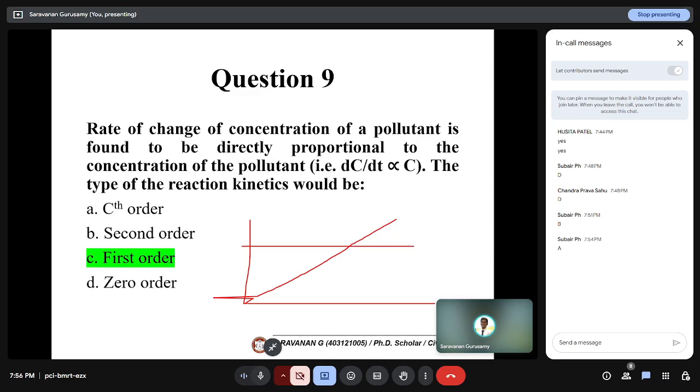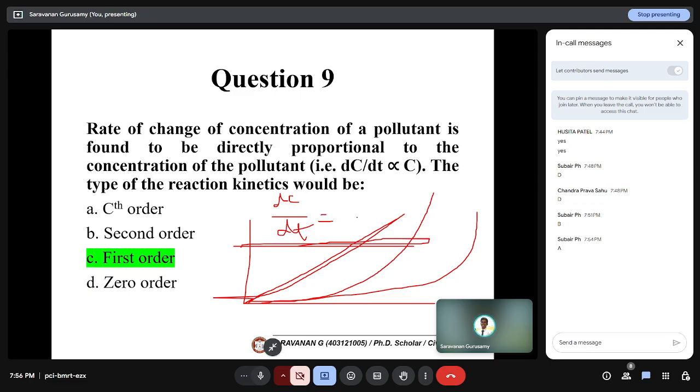It is that dC by dt is a constant. We will go with the constant value. This is first order reaction. This is a second order kinetic. This is a zero order kinetic. Got it? Based on dC by dt equal to constant or C or anything.